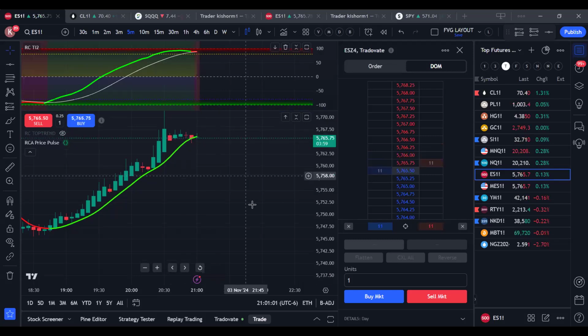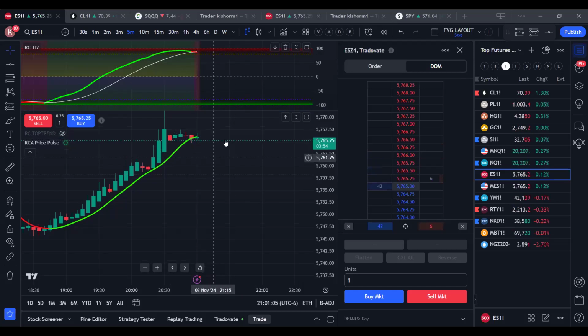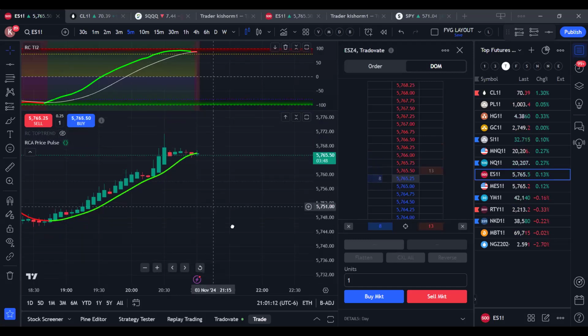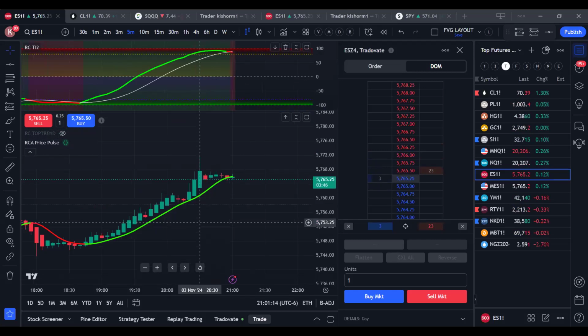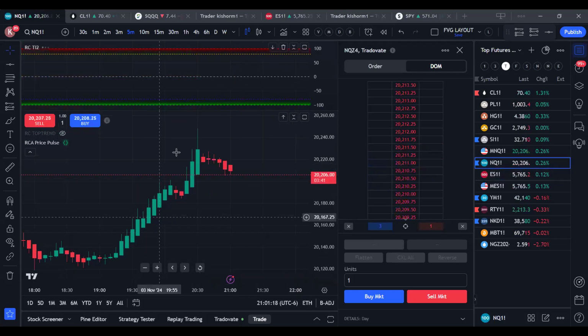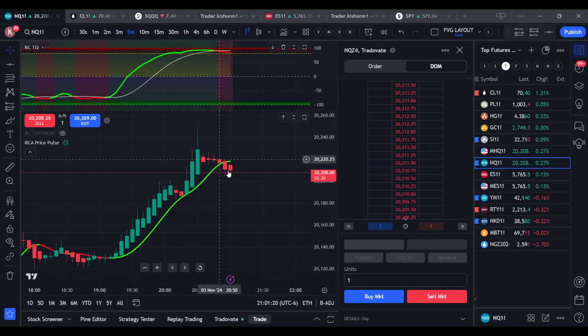If you see NQ dropping, don't take the first sell. Wait for the retest of the order block. NQ also they may try to do a retest. Here also you can see that it went all the way from the bottom to the top. Now they will do a retest and then they will bring it down.